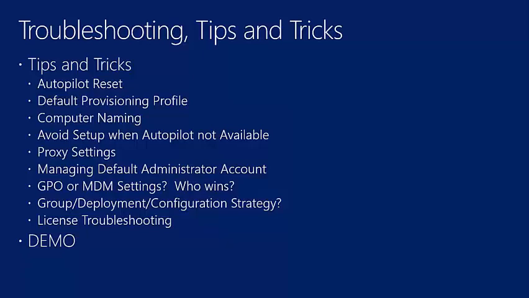That's a little bit complicated to say, so let me say it again. In Autopilot, there is a profile setting called Hide Change Account Options, and that specifically will keep the user from creating local accounts. But if the user skips around that screen and is able to connect to the network, then the Autopilot profile is still going to be received and you can move on.